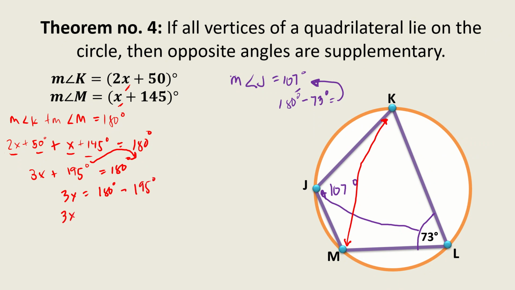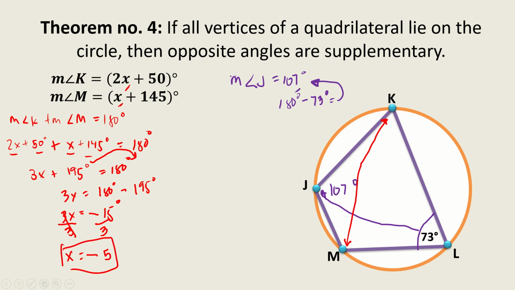And we will have 3x equals 180 minus 195 is negative 15 degrees. Then, to get x, divide both sides by 3 kasi 3 yung katabi ni x, cancel out. So, x is equal to negative divided by positive is negative. 15 divided by 3 is 5. So, si negative 5 yung isa-substitute natin.